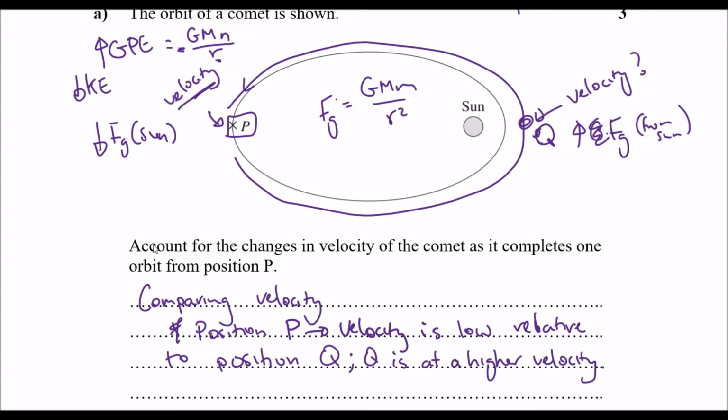Okay, now the word account is equivalent to saying explain. So we want to explain why at position Q here it is high and why at position P it's low. I'll change color.